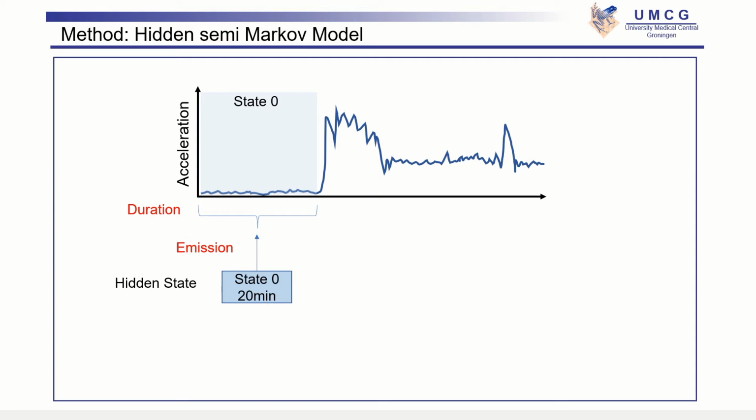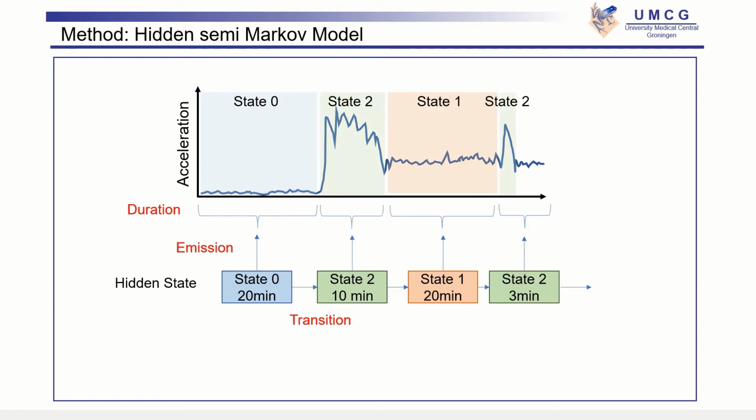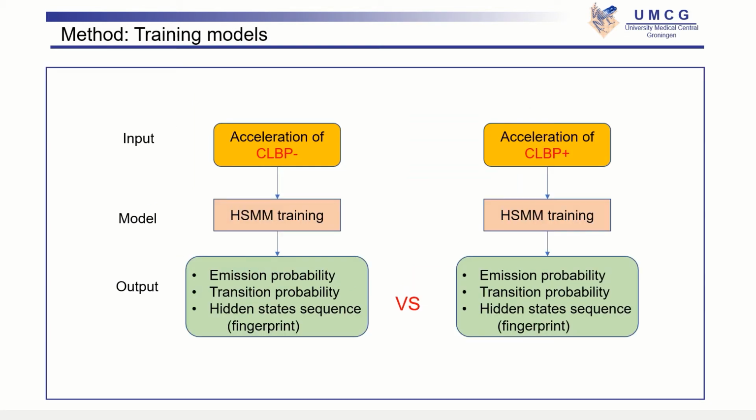From this method, we can get the duration, emission, and transition of each hidden state. Emission describes how acceleration is assigned to a hidden state. Transition probability describes how likely a hidden state transfers to another hidden state. For each group, a hidden semi-Markov model was trained separately.